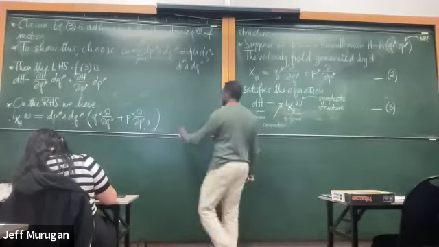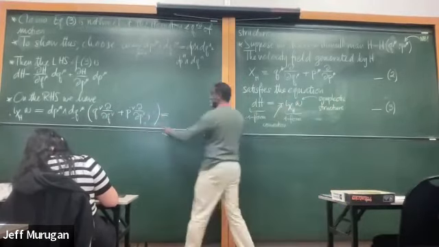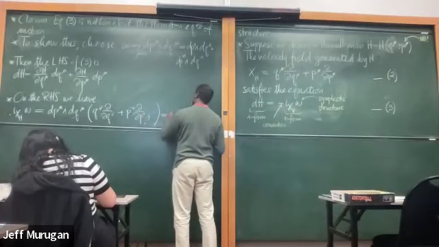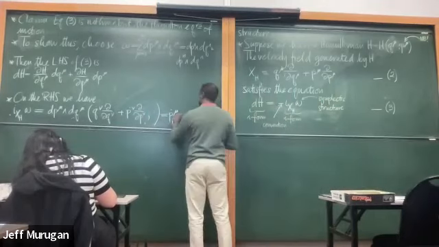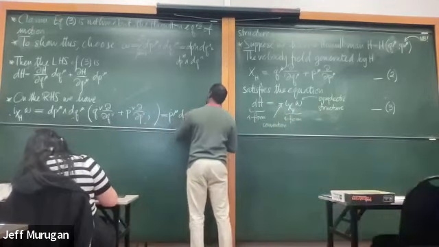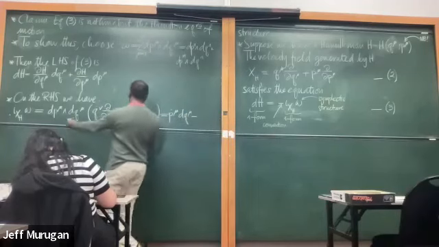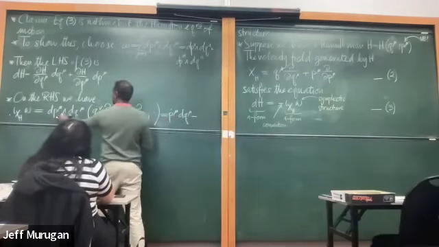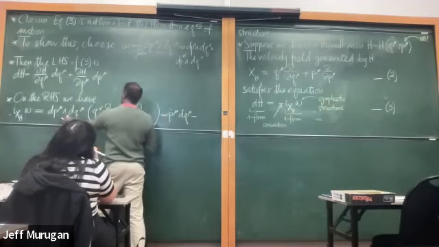But this is just p mu dot dq mu minus, so that's this term here I get by acting this on this. Okay.